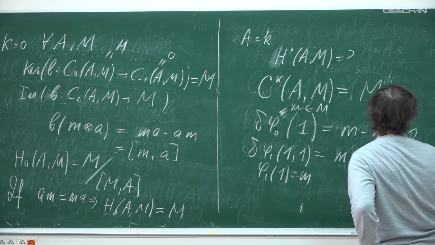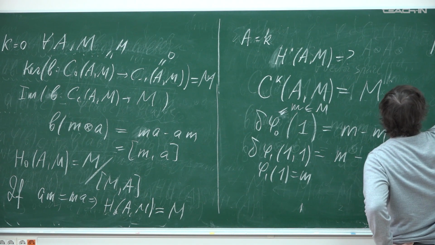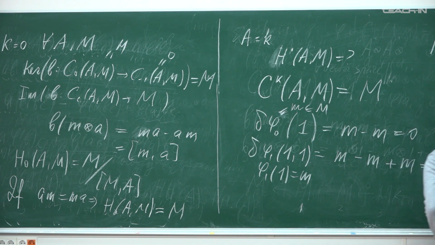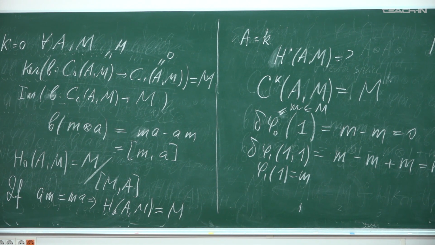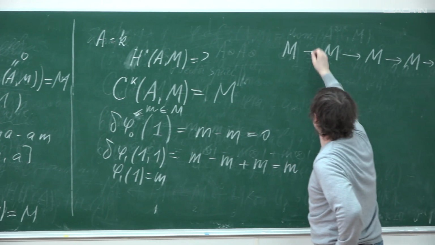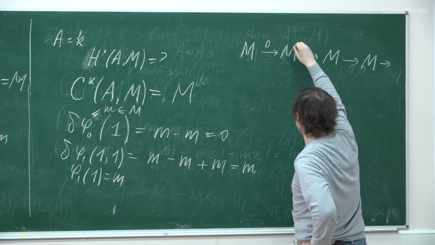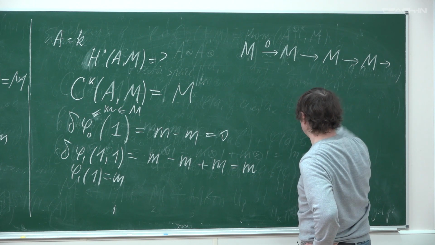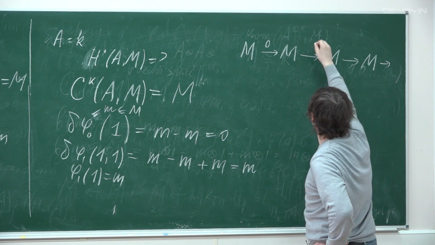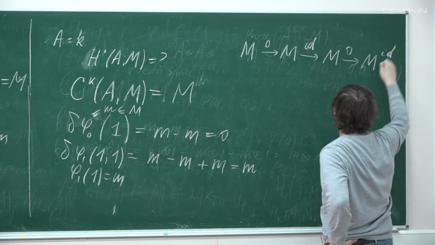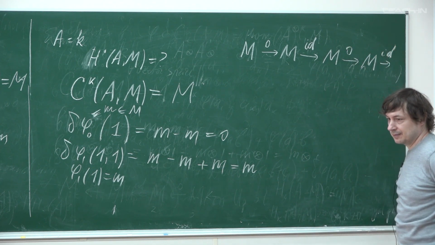And in general, we'll get the same picture as before. We get a chain of M's and a chain of maps interchanging identity and 0 at every stage.